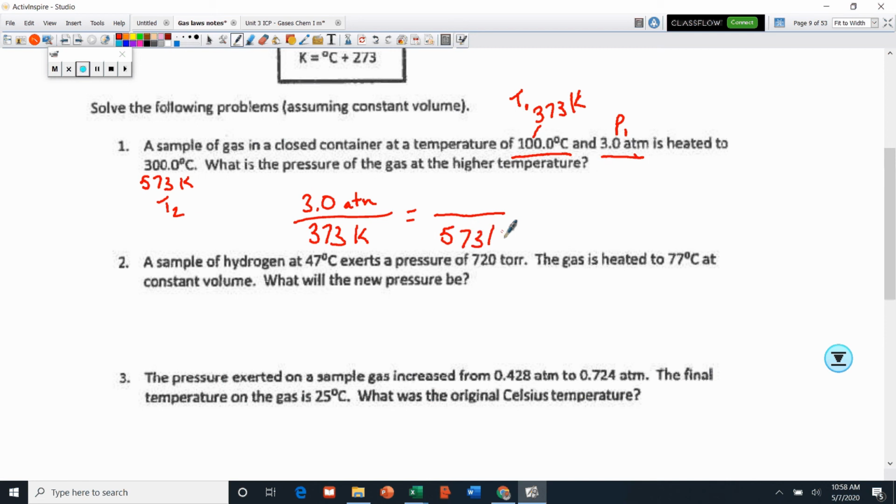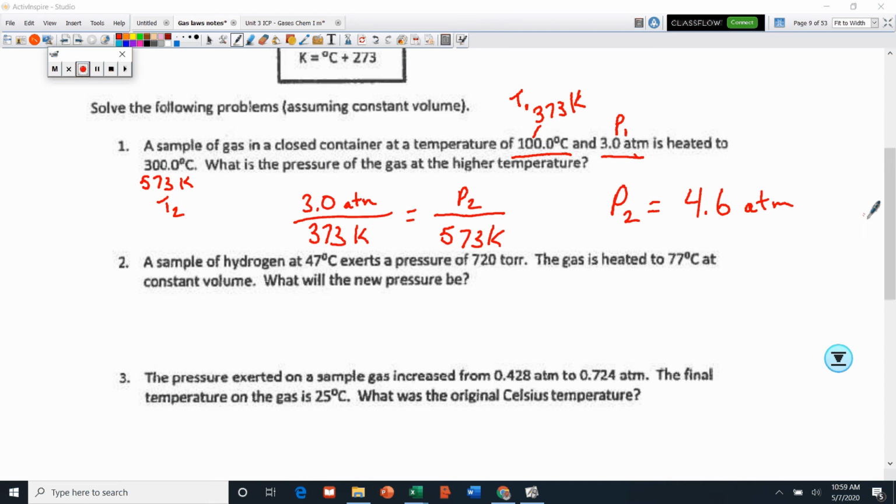Again, take a moment, pause the video, solve it, see if your answer matches mine. If you did this correctly, you should have gotten 4.6 atmospheres.